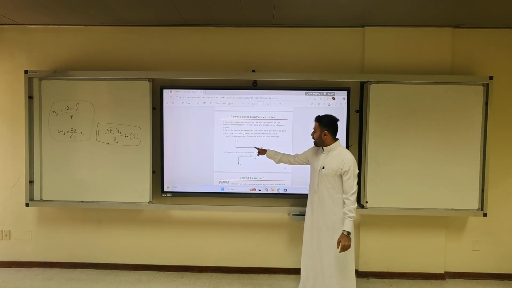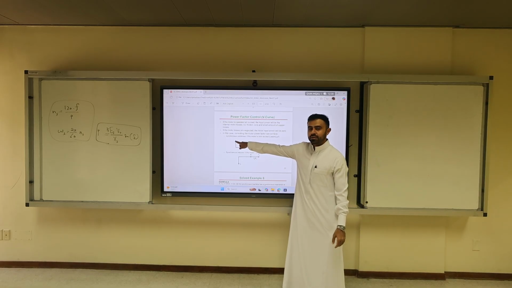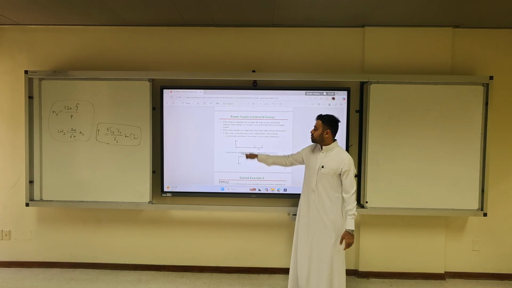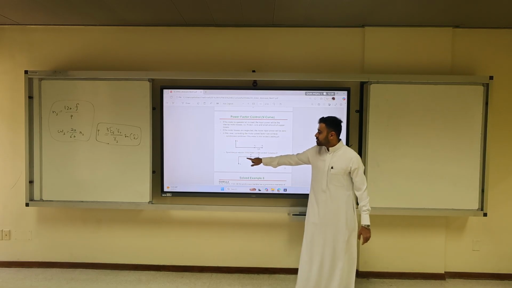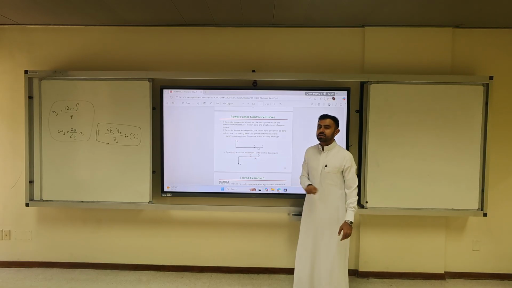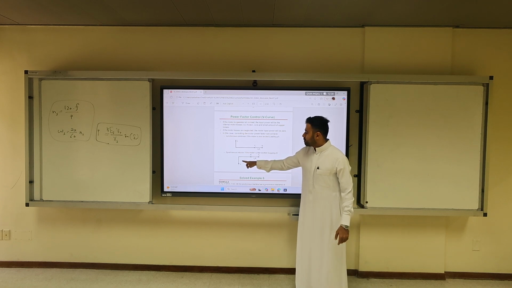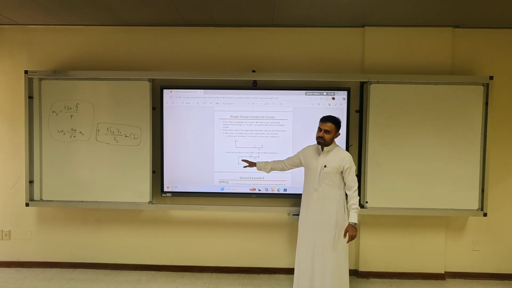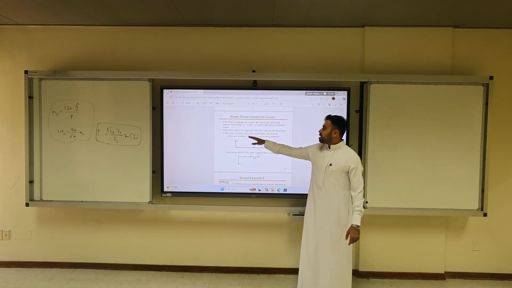It's the cosine of the angle of Vt minus the angle of Ia, which is 90. Cosine 90 is 0. What is the power factor of the synchronous inductor? It's the cosine of 0 minus 90, which is minus 90, so 0.